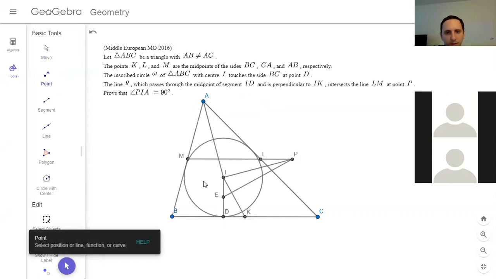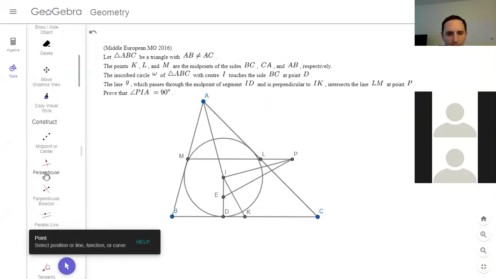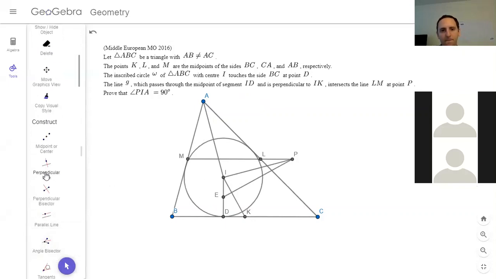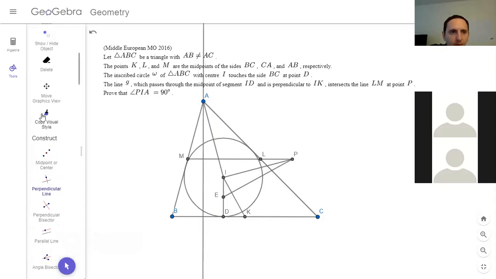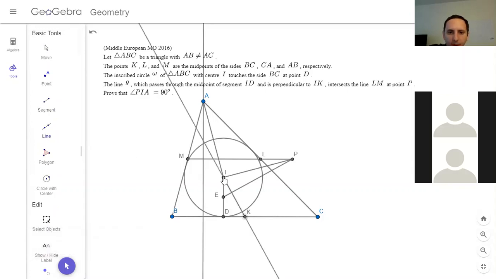How would we show that? I think we can drop the altitude from A to BC. And extend KI.